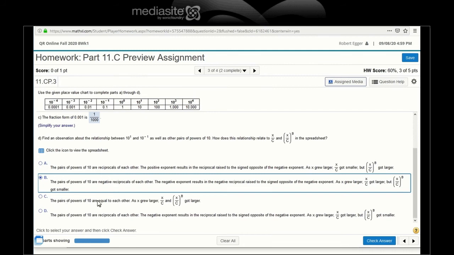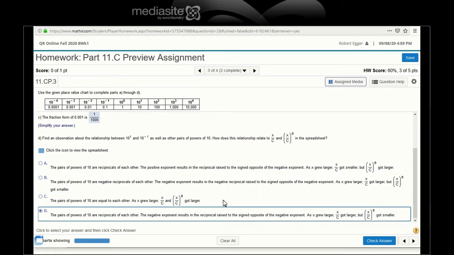The pair of powers of 10 are equal to each other. Nope. The negative exponent results in the reciprocal raised to the sign opposite of the negative exponent. X grew larger, x over c got larger, but x to the b got smaller. The negative exponent results in the negative reciprocal.